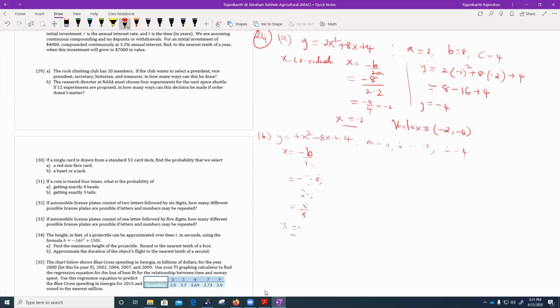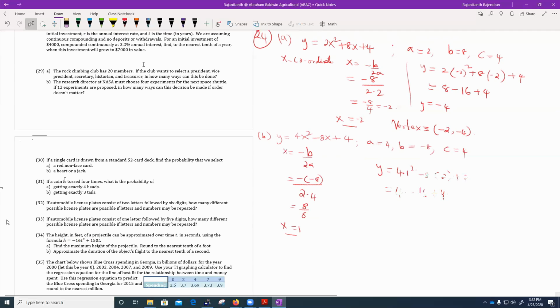Once you know the x coordinate, go back and plug in to find the y coordinate: 1 squared, minus 8 times 1, plus 4. That is 4 minus 8 plus 4. Oh, x is 1, right?